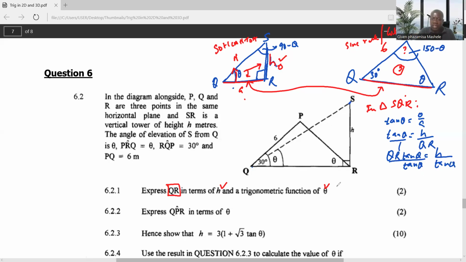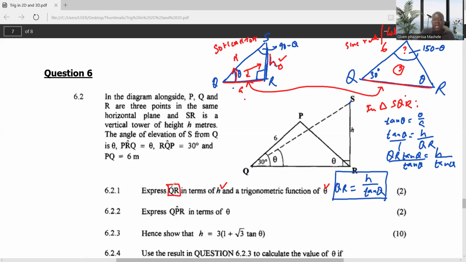So it means you have answered the first question, QR in terms of H. H is there. Theta is also there. Oh, in terms of a trigonometric function of theta. Sorry, guys, I did not read that. I apologize. In terms of H and a trigonometric function of theta. So we have done that. So it's very important to understand that.